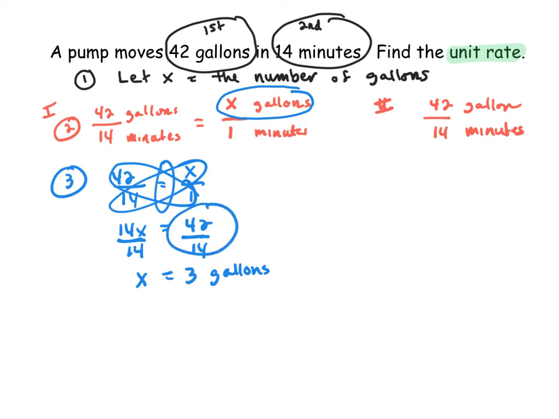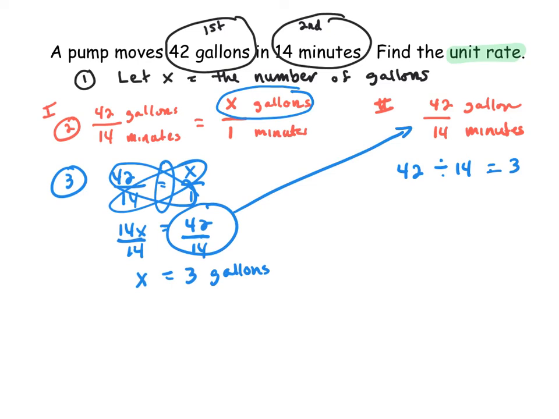I want you to notice the shortcut method comes from this. This is our solving step, and it's exactly like what we see here. So if we know that when we set this up for the shortcut that this really means 42 divided by 14, whatever answer we get is what we're looking for, but we now have to figure out what we're going to label it.